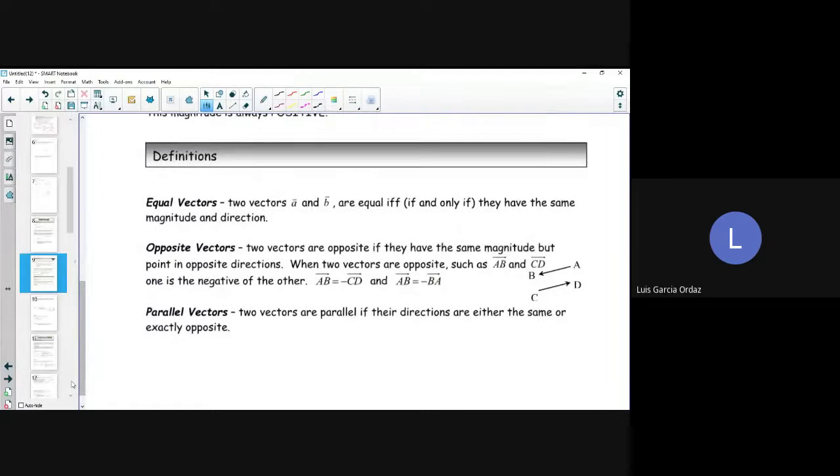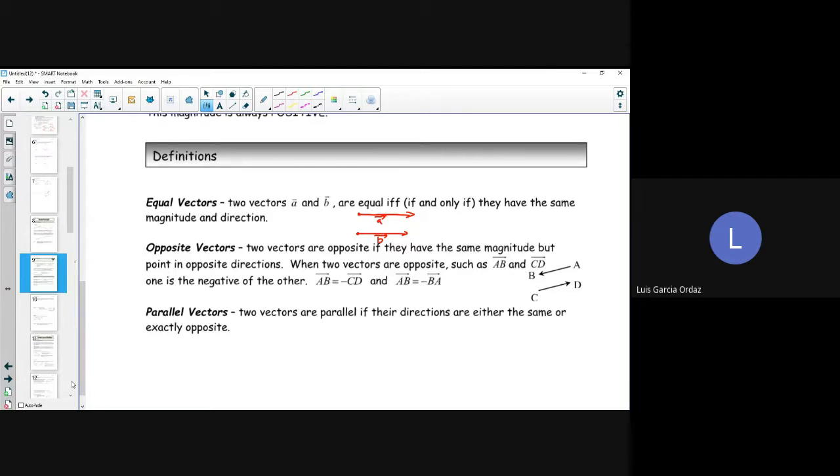So again, we'll do a couple more definitions and then we'll get to a last example. So equal vectors, or two vectors A and B, are equal if and only if they have the same magnitude and direction. So for example, this is vector A. This is vector B. They are equivalent because they have the same magnitude and are going in the same direction.